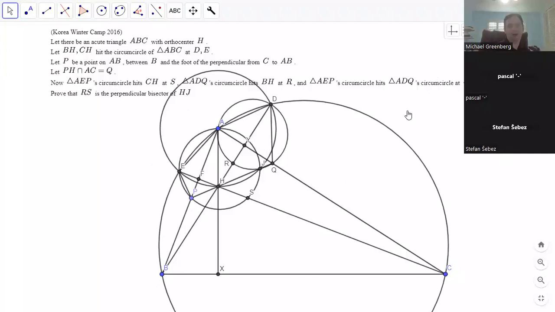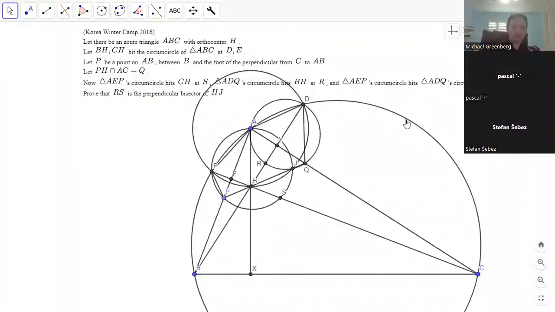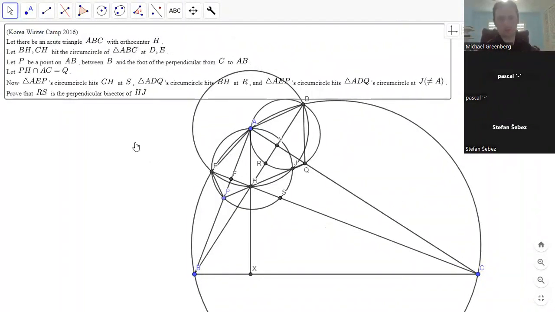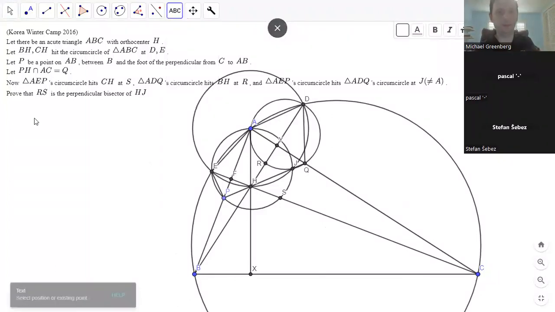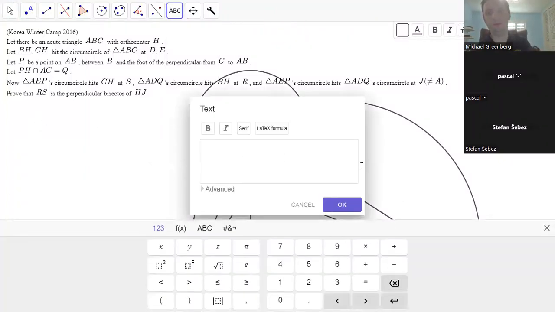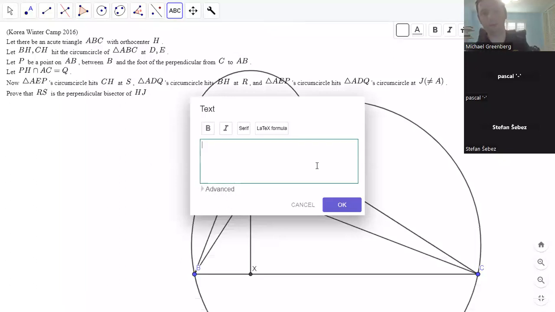I don't even know if I should write it up. I'll write it up quickly. So I'll say triangle AEP. E and H are reflections over AB.